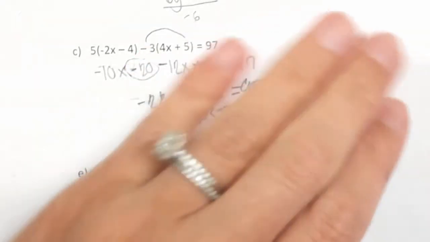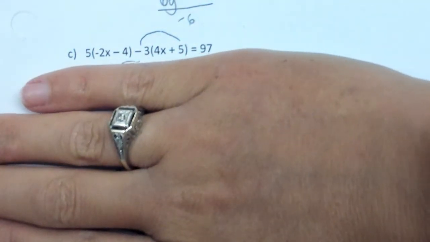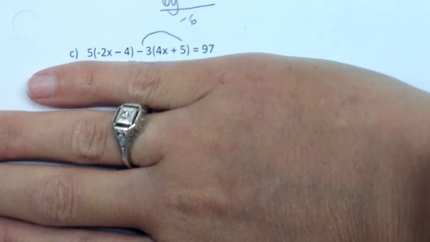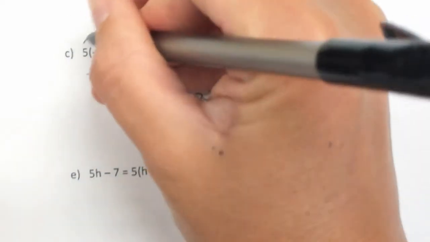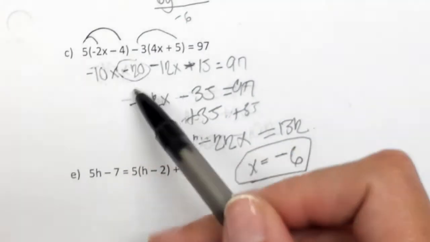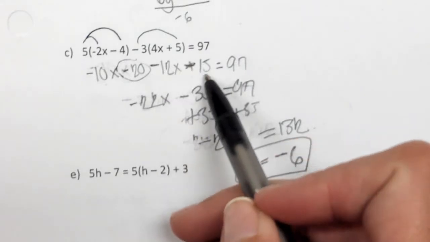What's the first thing that Antonio should do? Distribute what? Good, to get rid of the grouping symbols. So he did that. He got negative 10x minus 20 minus 12x plus 15, okay?